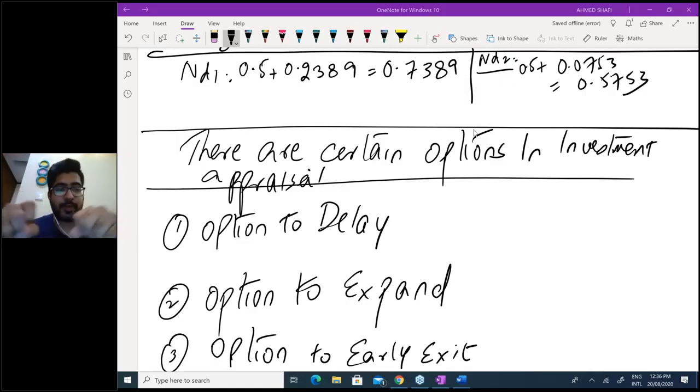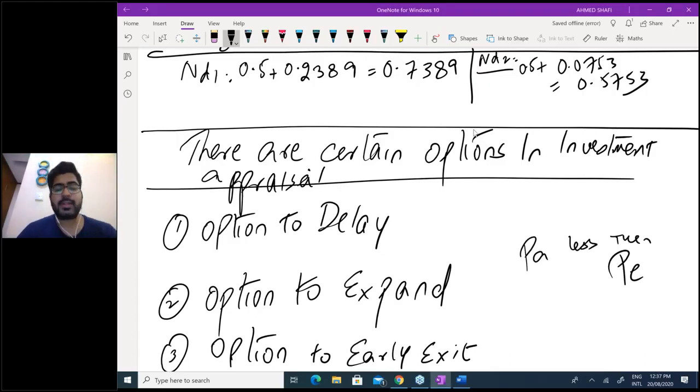Not the type of question which I expect from students at the moment. Still, there are many people asking, will PA always be less than PE, or can it be the other way around? Frankly speaking, if I'm studying, I won't worry about it. I just need to know PA, PE, which one is less, which one is more. That's not a point to panic.